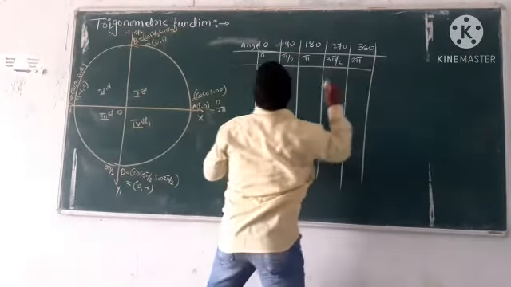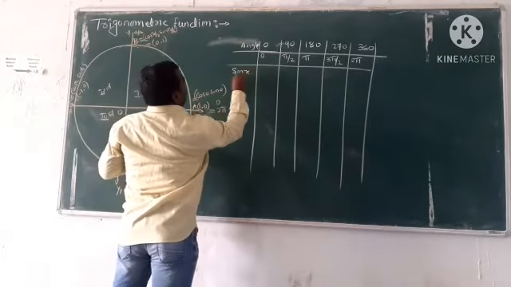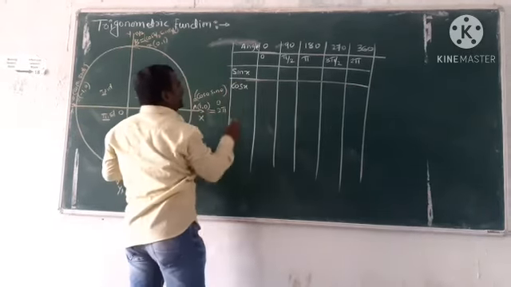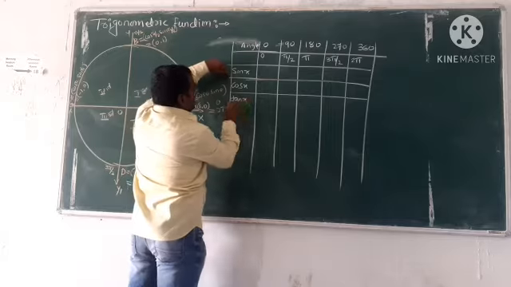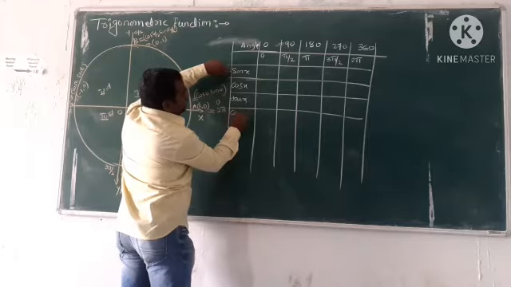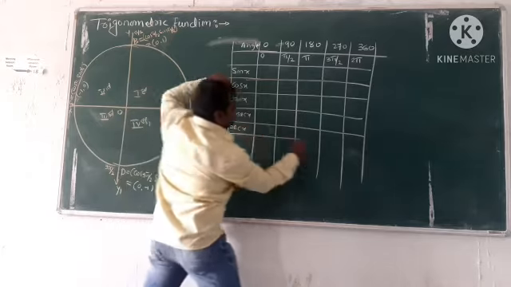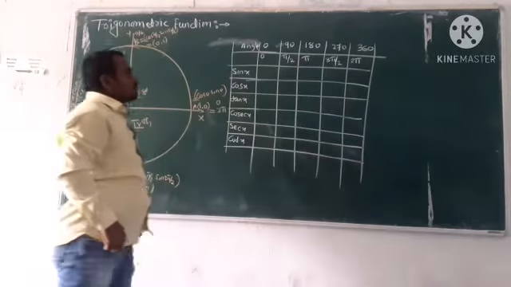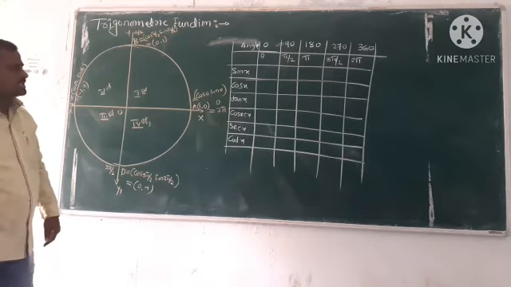Now I'm going to define sin x, cos x, tan x, cosec x, sec x and cot x. Over one complete circle, we are going to discuss where each increases and where each decreases.